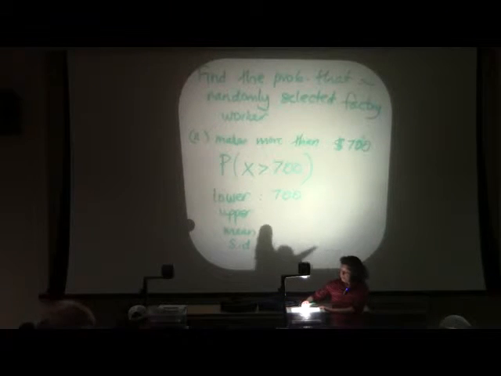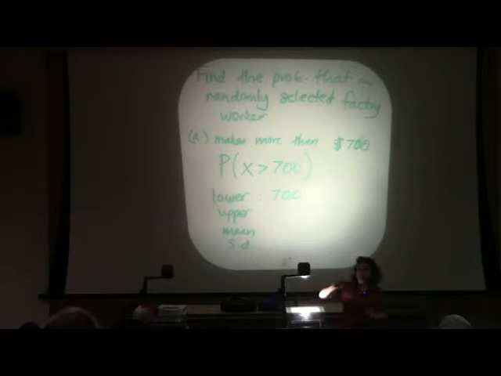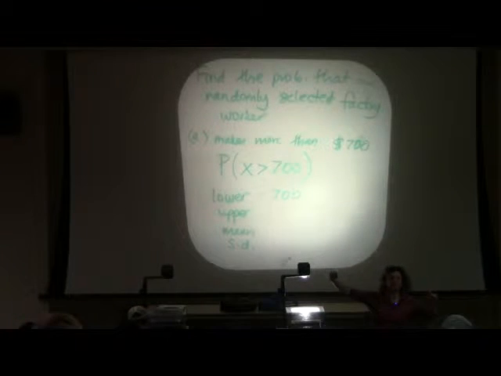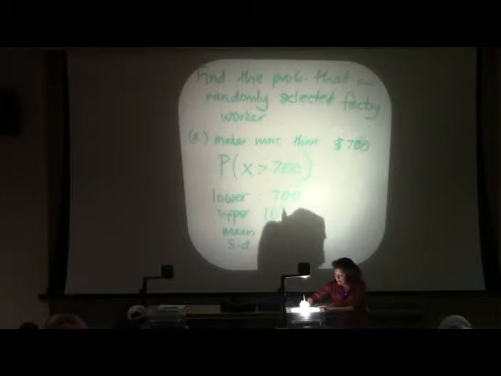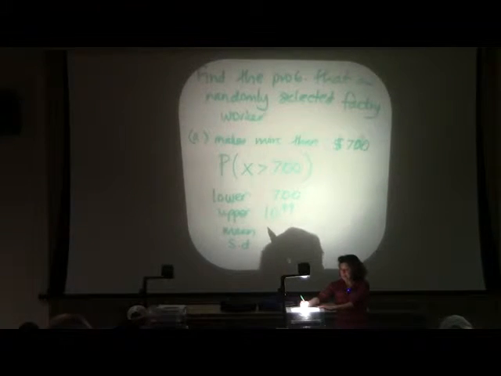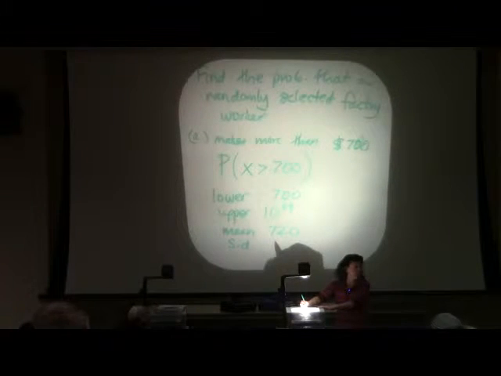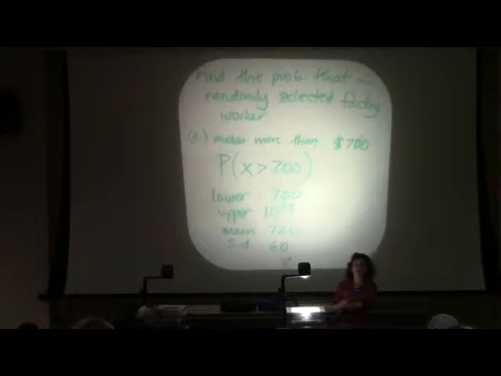Cool. Now, if I want to know my upper, yes, this goes off to infinity. But what did we put in place? There's no infinity button. What's the standard procedure for us? 10 to the 99th power. What's my mean here? 720. And what's my standard deviation? 60. You guys are aces.